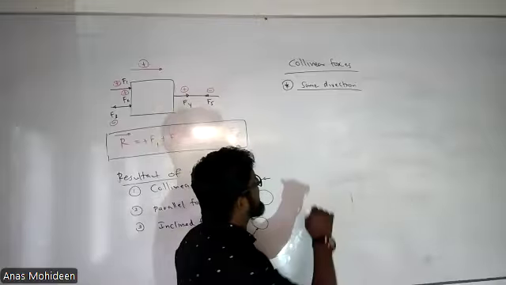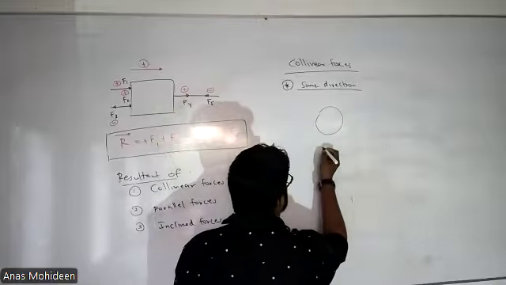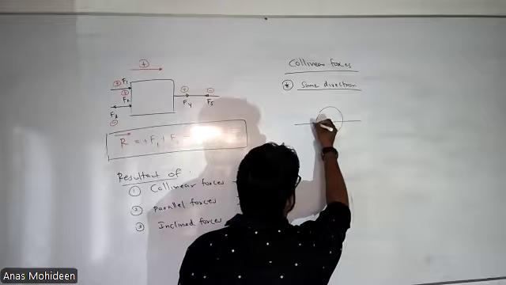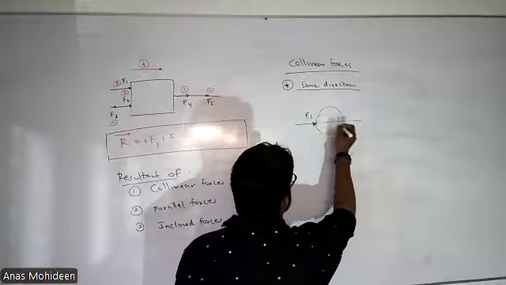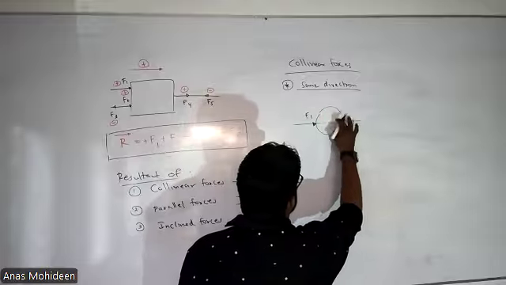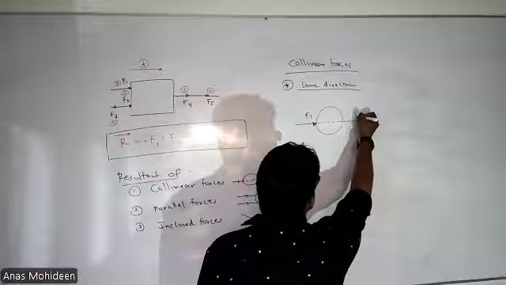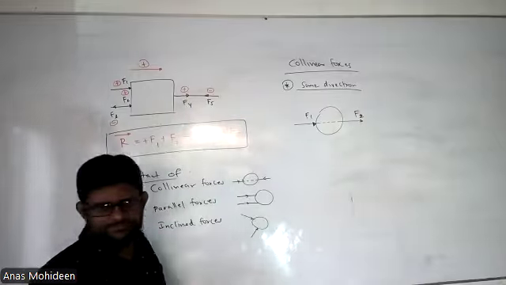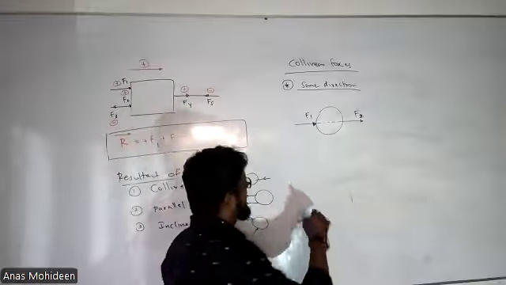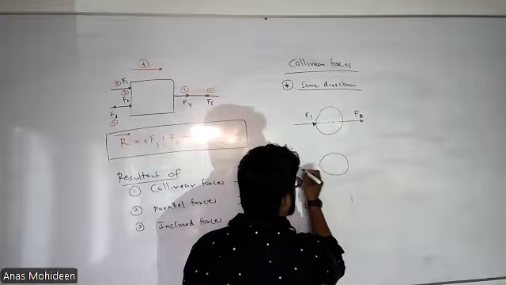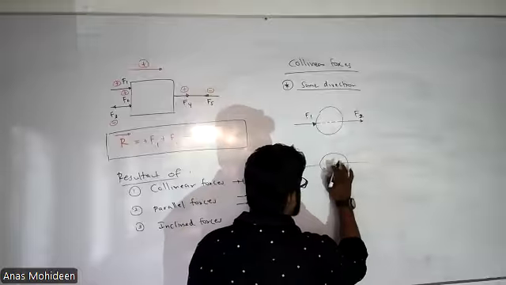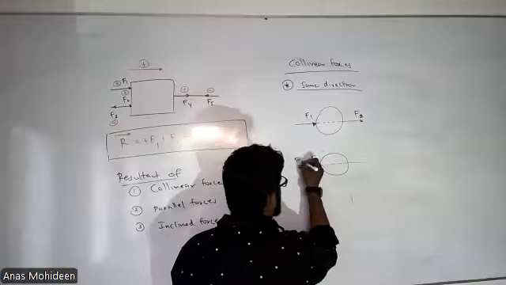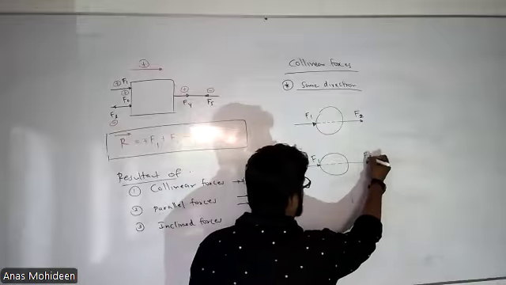Okay. So you see, same direction. I'm going to apply two forces. It's F1, same line of action. Another force F2. Right? F1 and F2. And here, same line of action, F1, F2, F3.